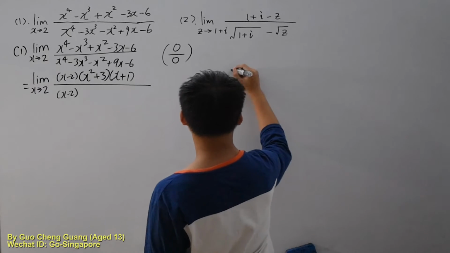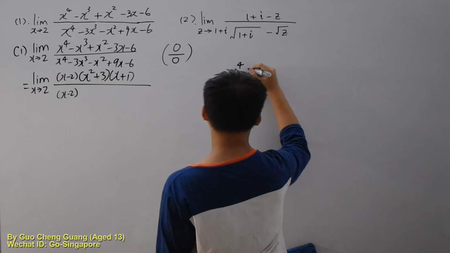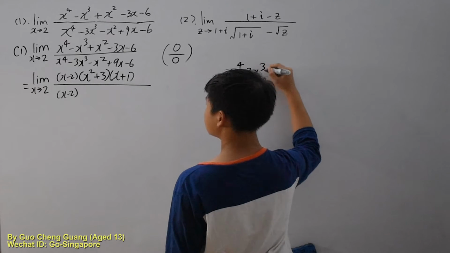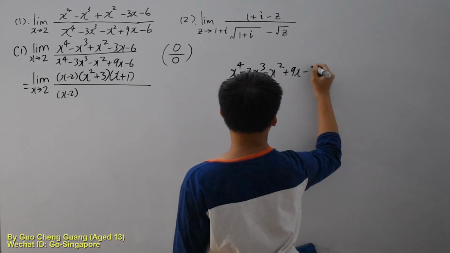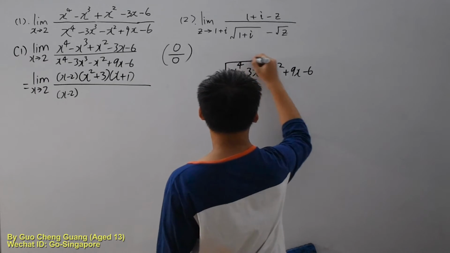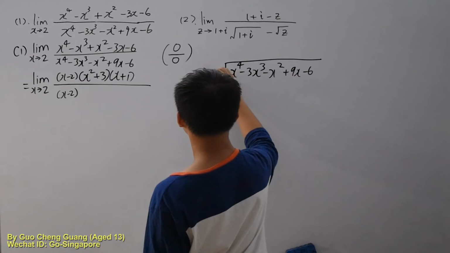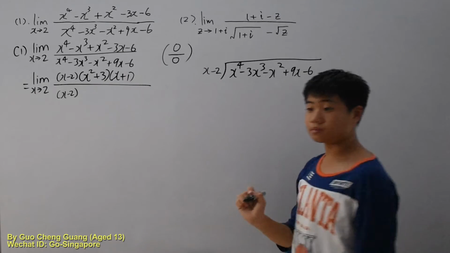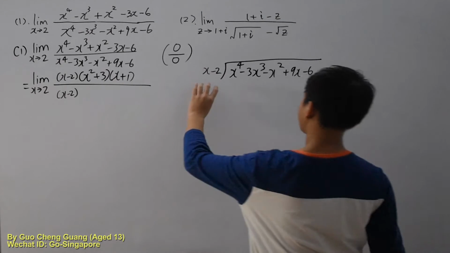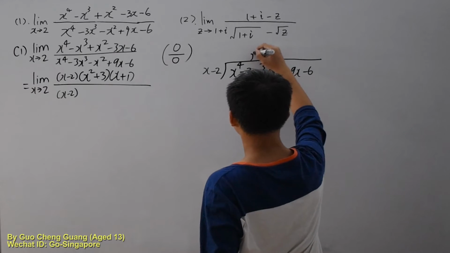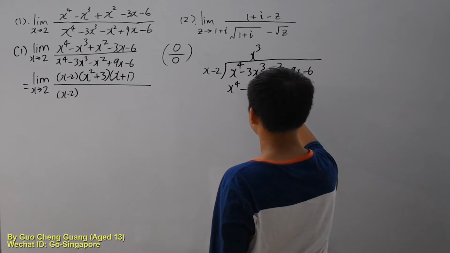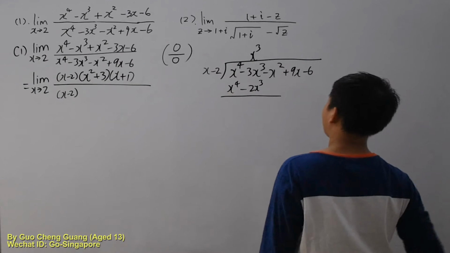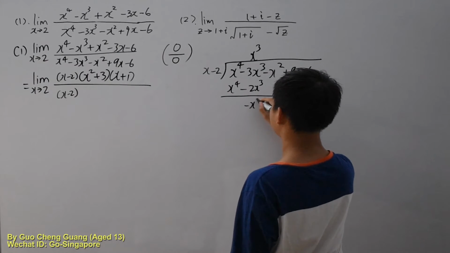At the denominator, x to the power 4, subtract 3x cubed, subtract x squared plus 9x minus 6, and this part divided by x minus 2. So x minus 2 for the first one, of course, x cubed. Then x to the power 4 minus 2x cubed. For this part, you have negative x cubed.